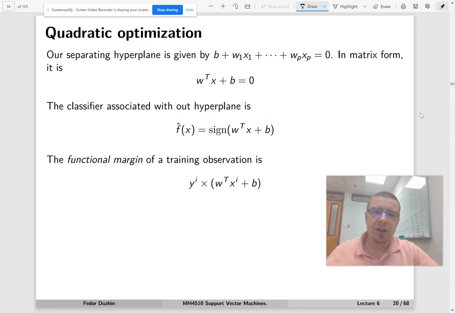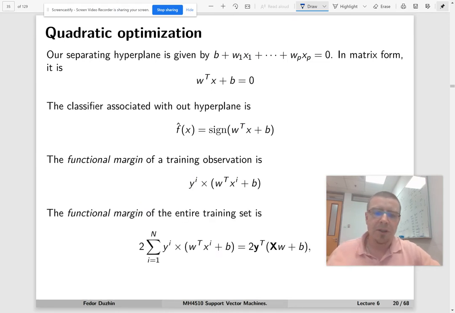Now, what we call the functional margin is yi times this expression. Remember that yi is either -1 or 1, and the sign of yi shows on which side of the separating hyperplane our observation is. The functional margin of the entire training data set is this sum.